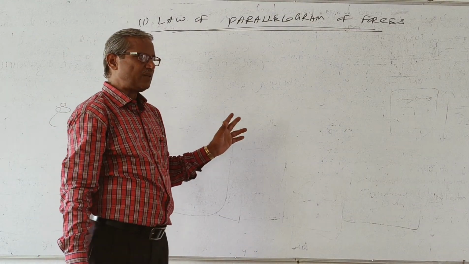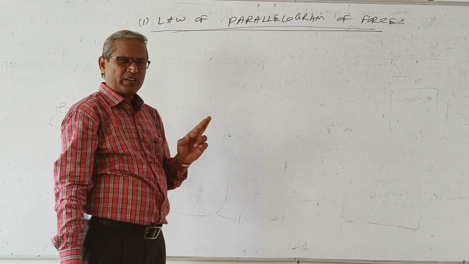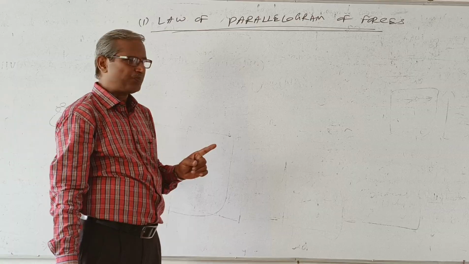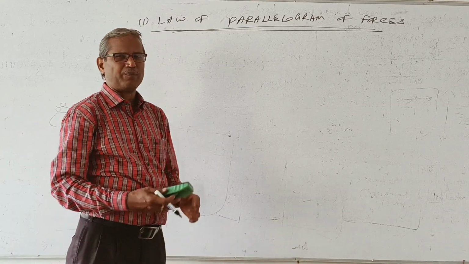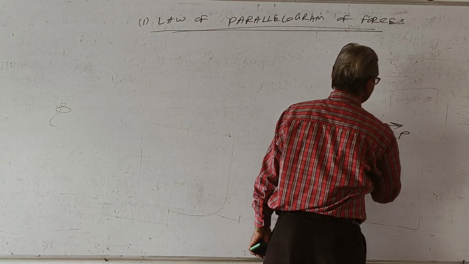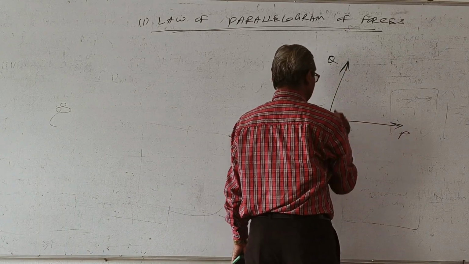The law states that if two forces are acting simultaneously at a point, represented by two sides of a parallelogram, that means this is force P, this is force Q, both acting at point A.